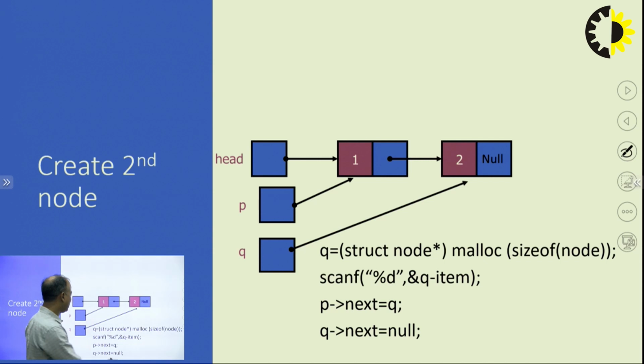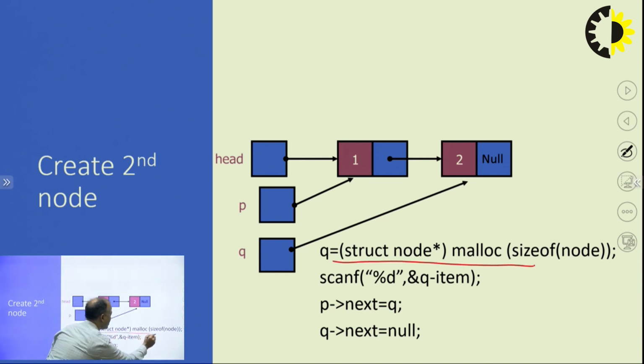So therefore we are running malloc function here one more time. So whenever this function runs, one more node is created, and address of this node is assigned to pointer q. So therefore this pointer q contains address of newly constructed node.